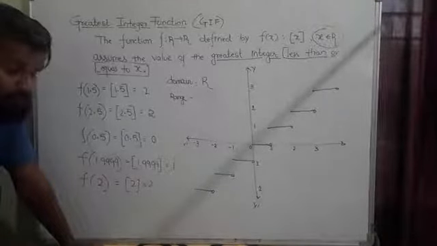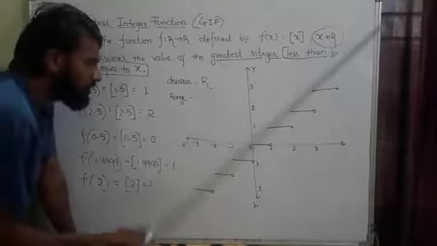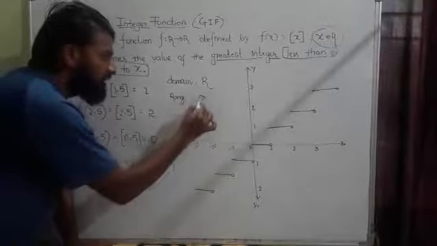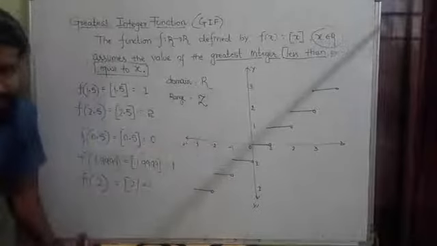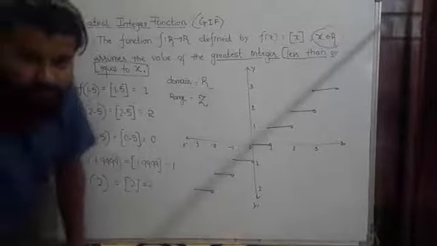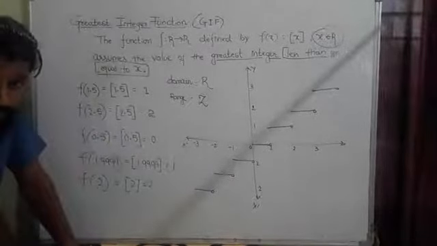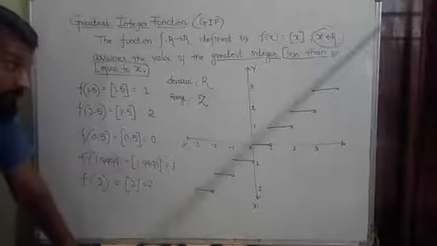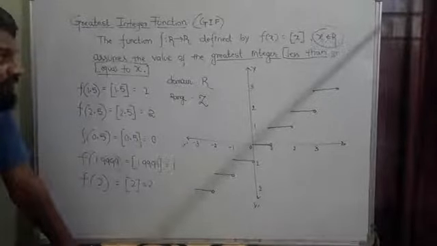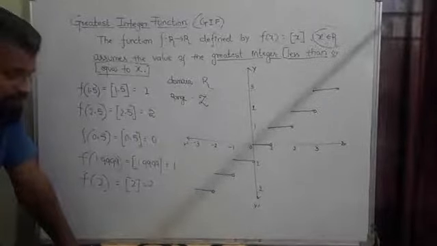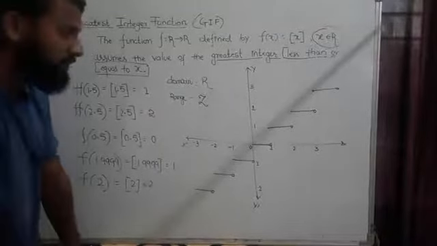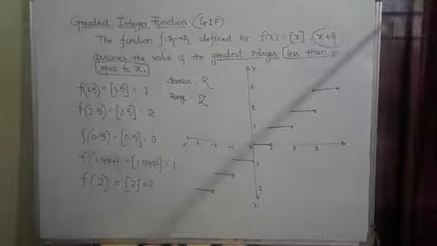You may get positive answers, you may also get negative answers, and you can get 0 also. So therefore the range will be Z, that is integers. I hope you are understanding my point. Yes or no? Yeah, so this is a very important function, that is the greatest integer function. So please pause the video and note it down.